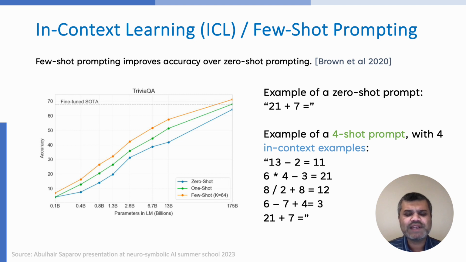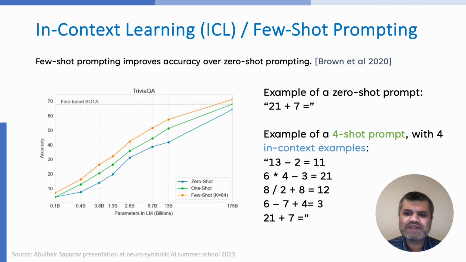So let me talk about in-context learning or few-shot prompting. In-context learning is nothing but asking the model in a nice way by showing some examples on how to do stuff. For example, we can ask a large language model to solve a math problem 21 plus 7 directly. But what if we show some examples to the model?